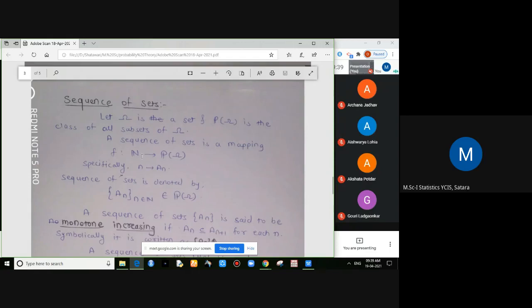That is, it is a mapping from natural numbers to the power set. Or specifically, this small n indicates any natural number n, and it maps to the set A n. That is, if we evaluate this function using the natural numbers, then we will get some set.